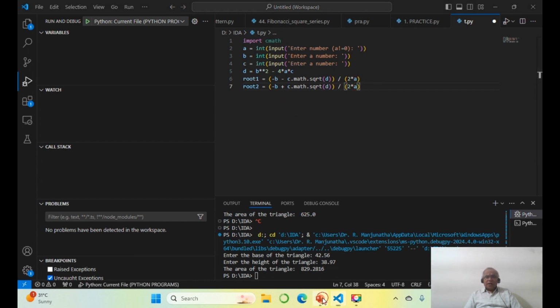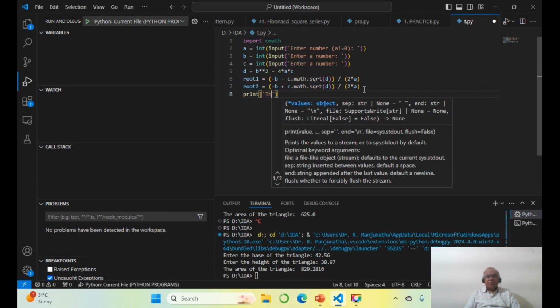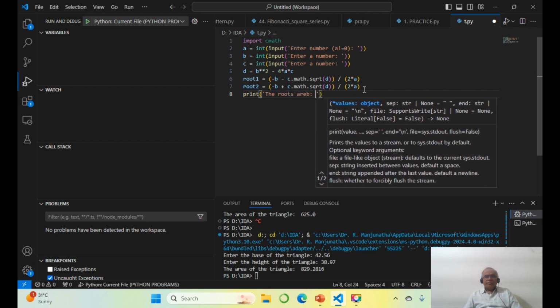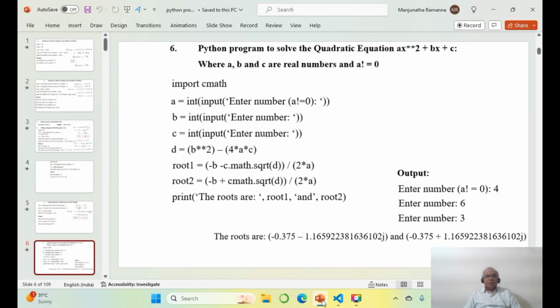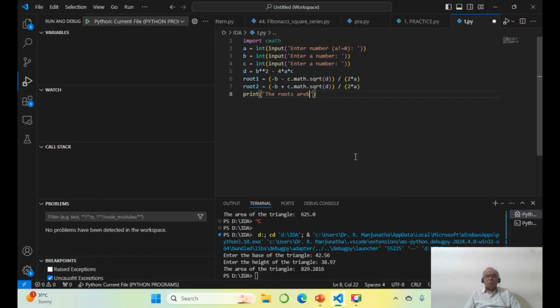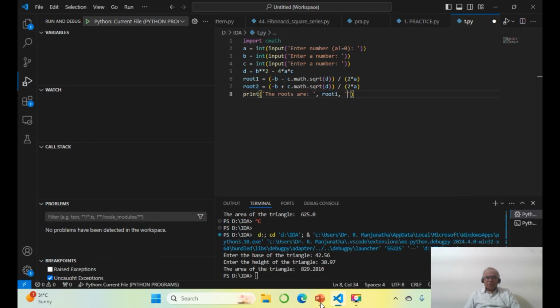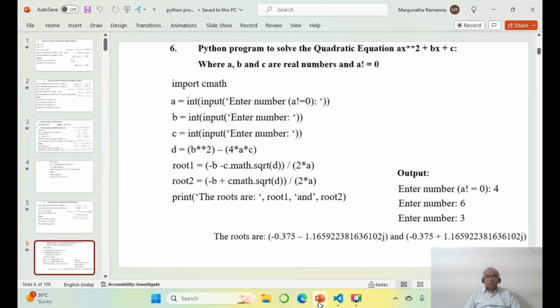Then I will go for a print function. Print the roots are, comma root 1, comma and within quotes, comma, root 2.